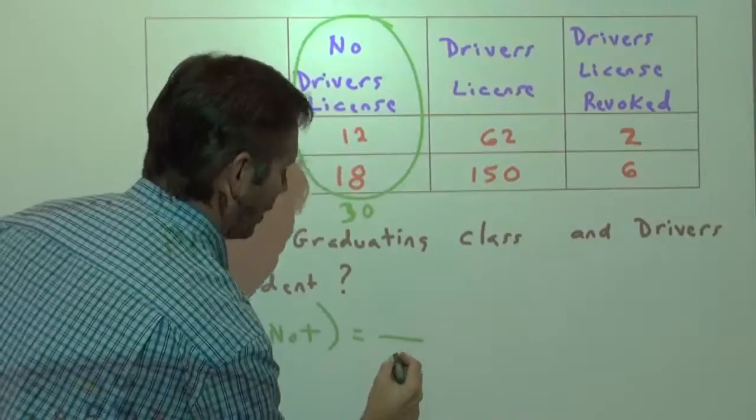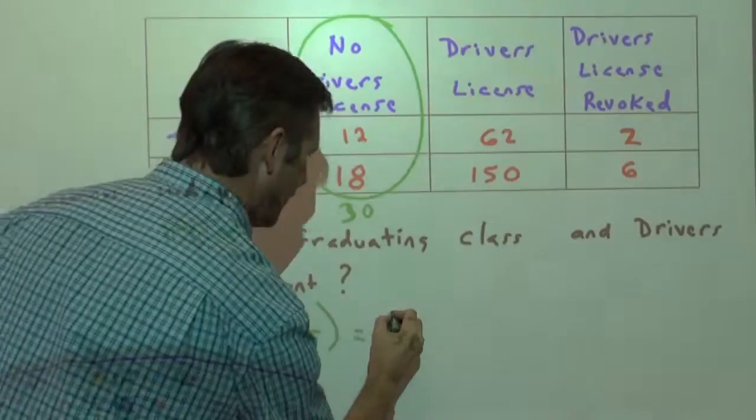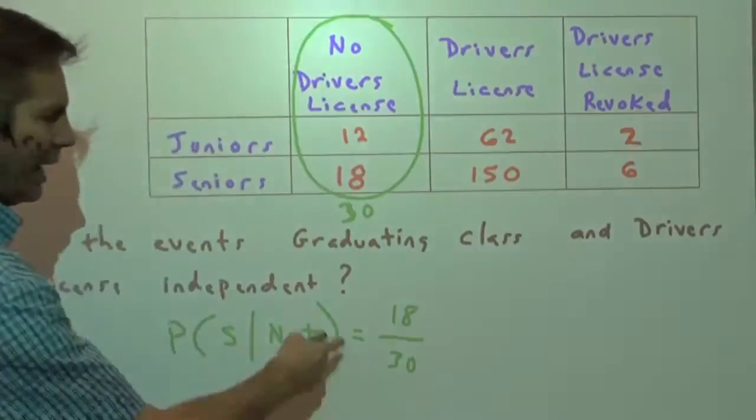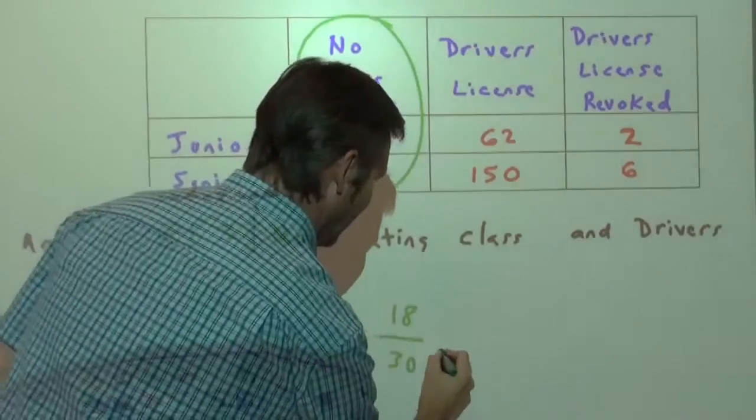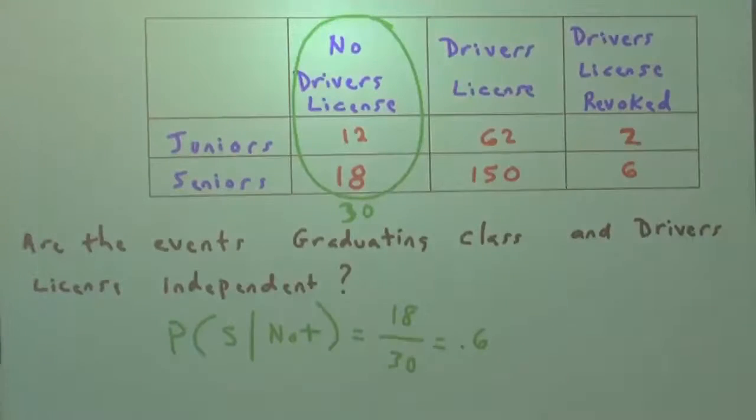So that's a total of 30 people. And out of those 30 people, the probability that we have a senior, well, that's 18 out of 30. So 18 out of 30 is going to be 3 out of 5, so this is going to be 0.6. So that conditional probability is 0.6.